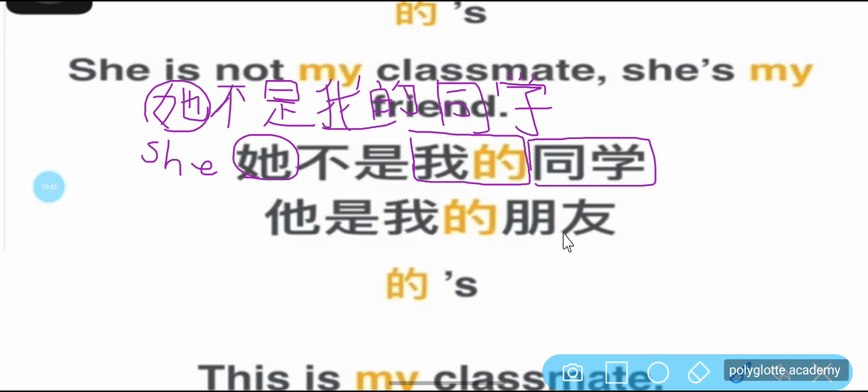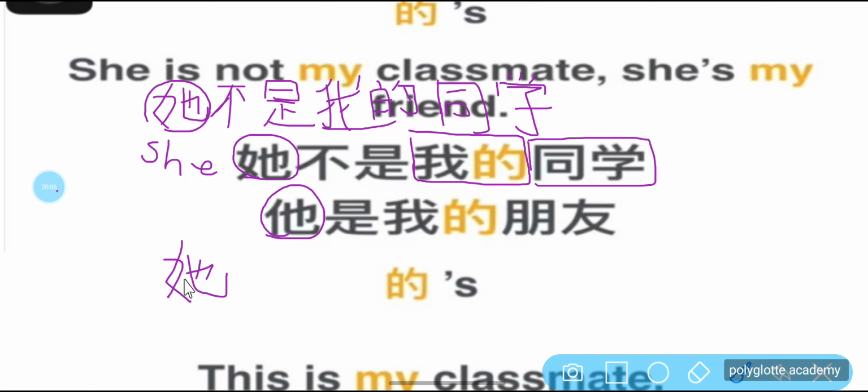她是我的朋友。Now, there was a typing error here, according to the English translation. We are going to continue with this 他. This 他 here means he.